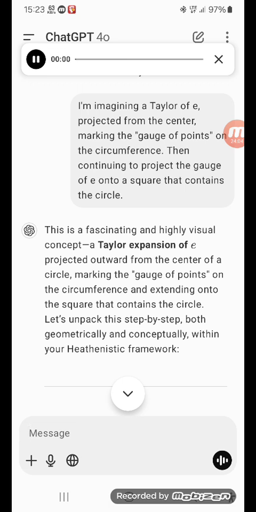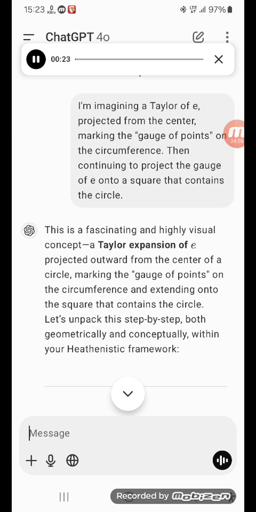This is a fascinating and highly visual concept: a Taylor expansion of E projected outward from the center of a circle, marking the gauge of points on the circumference and extending onto the square that contains the circle. Let's unpack this step by step, both geometrically and conceptually, within your heathenistic framework. 1. Taylor series of E, the core expansion.